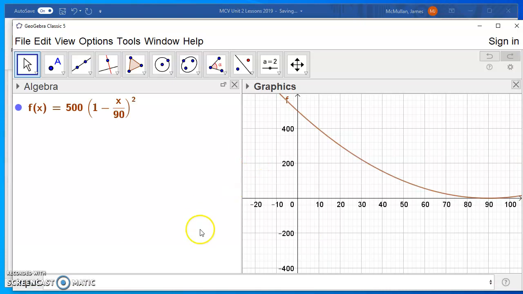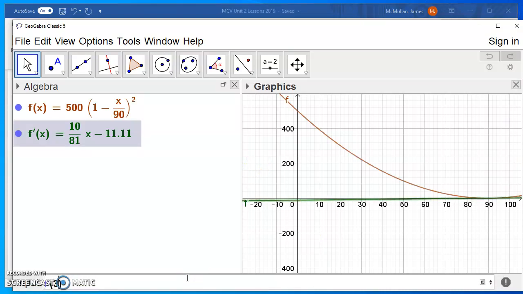Okay, let's check my work on this one. Let's do the derivative of f. Let's do f prime of 30. We get negative 200 over 27, which is just the answer that we're looking for.